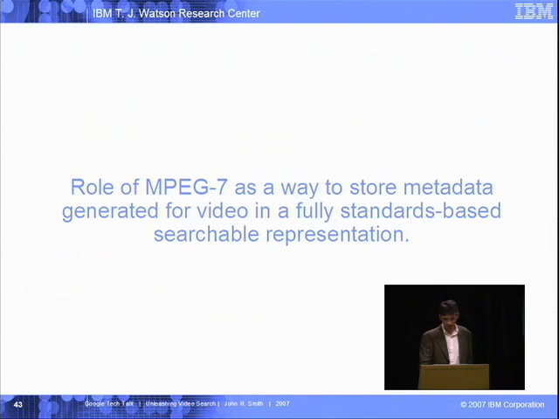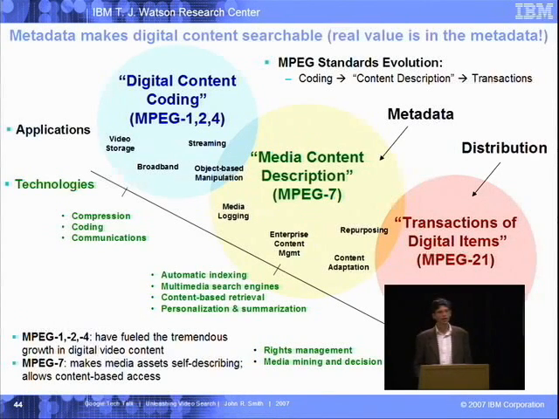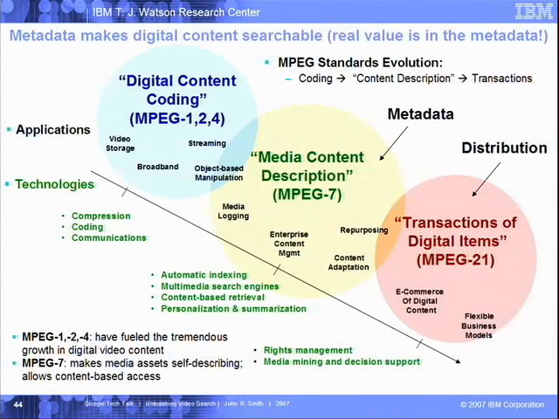The last thing I wanted to just talk about here is the MPEG-7 Standard. This has really been designed to support video search and other forms of multimedia as well. What it does is it standardizes an XML schema, or basically a set of descriptors and description schemes for multimedia contents.